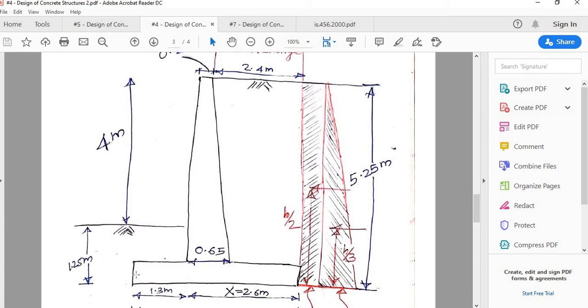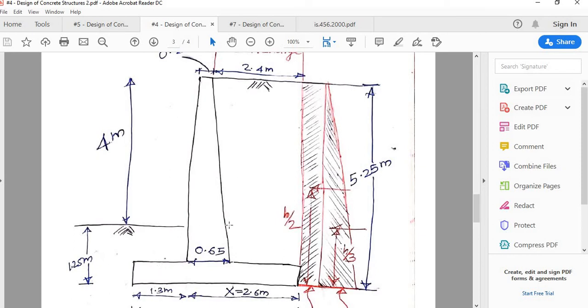Already when we calculated the overturning moment, that was the moment about the bottom of the base slab, but now you have to calculate the bending moment about this point. So there will be a reduction in the height that you have to consider.